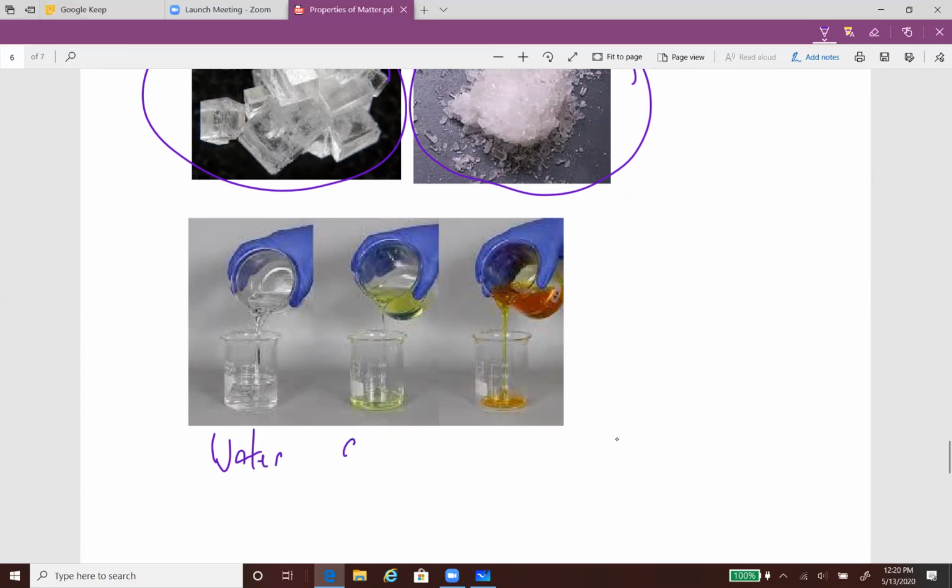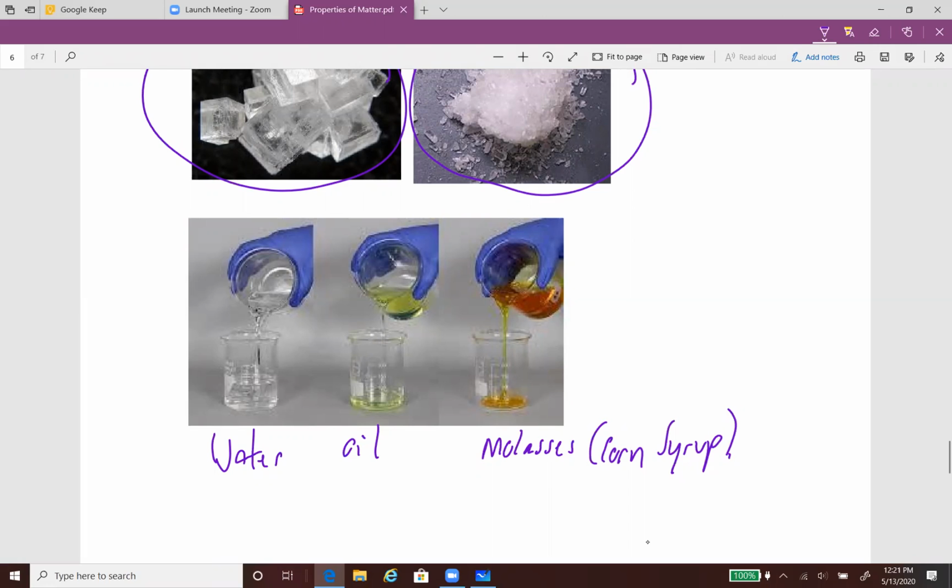It looks like this is oil, and this looks like maybe molasses, like a corn syrup. Okay, something like that. Viscosity is a measurement of how quickly something flows. The way you define it is its resistance to flow.